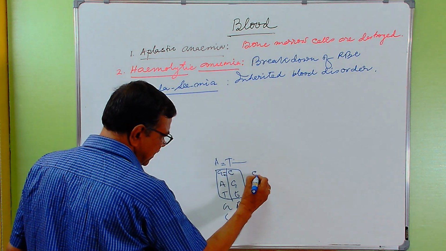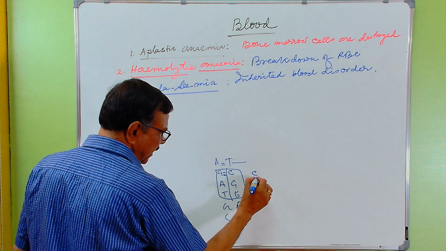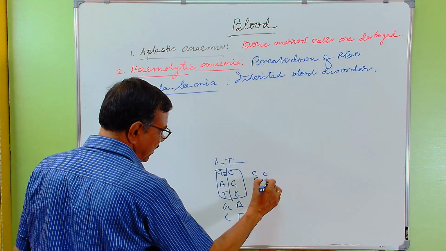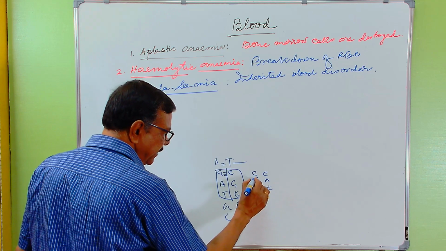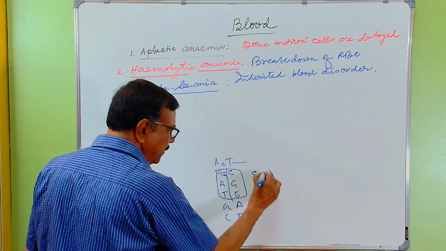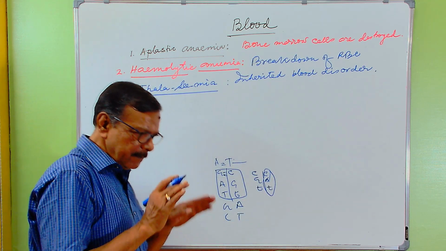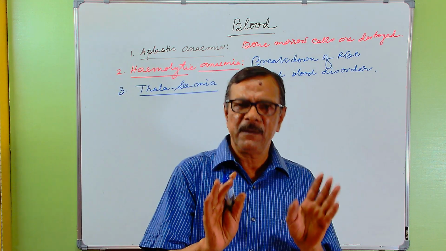Suppose it should be CGT. It gets mutated to CAT. This mutation prevents the production of hemoglobin.